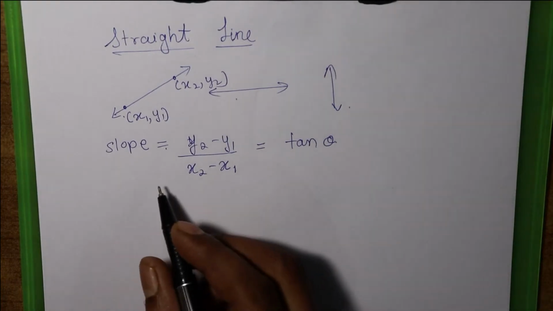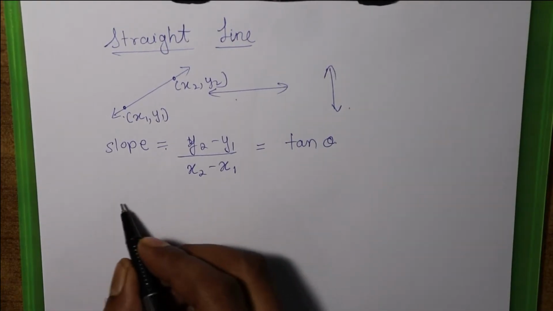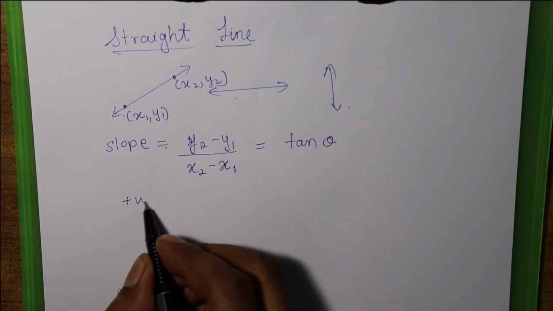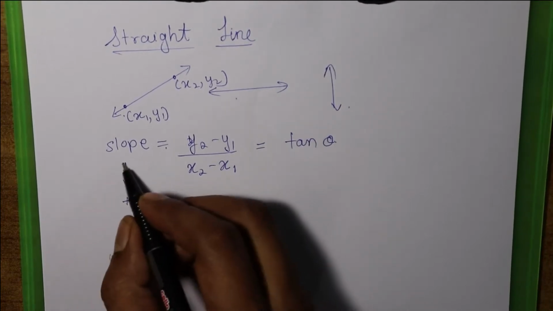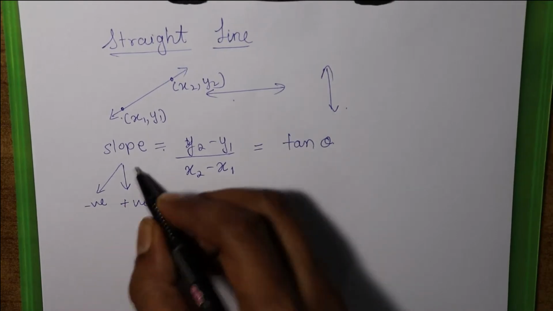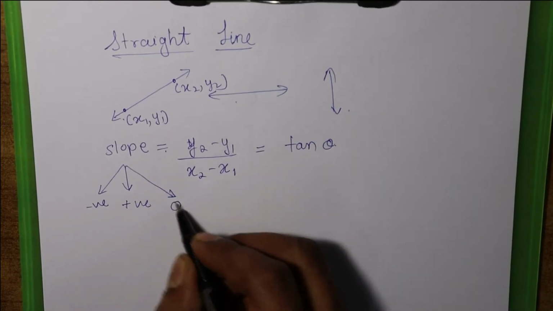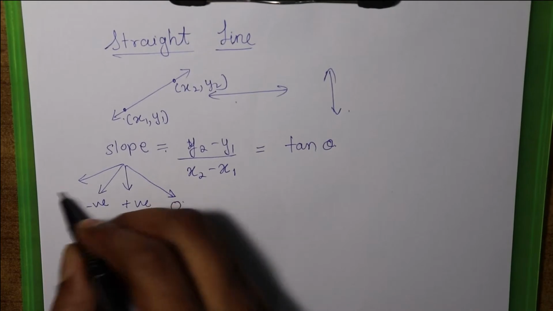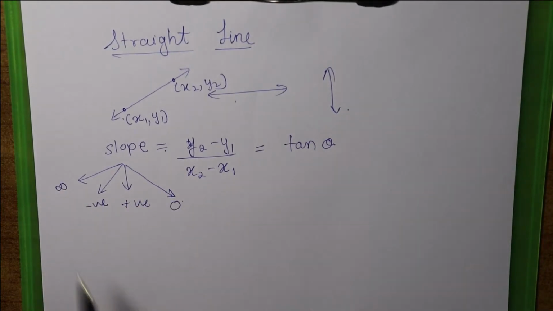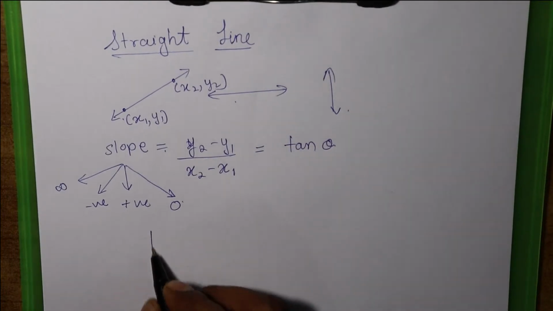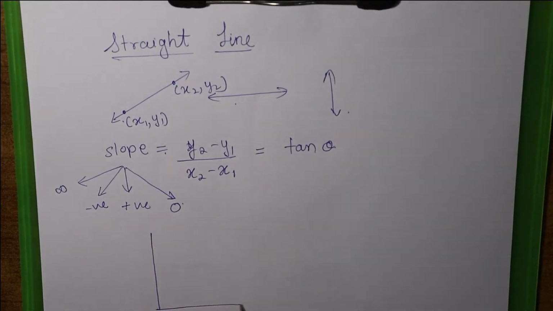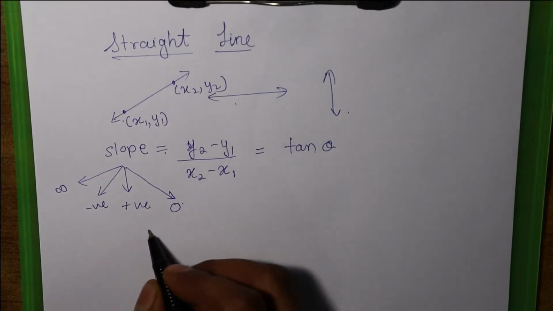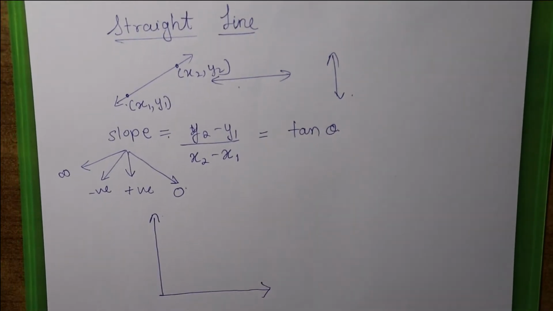To know what kind of slope this is: the slope can be either positive or negative, the slope can be either 0 or the slope can also be infinite. Let us discuss these types of slopes of a line. Let me show it graphically. So suppose this is the x-axis, this is my y-axis.